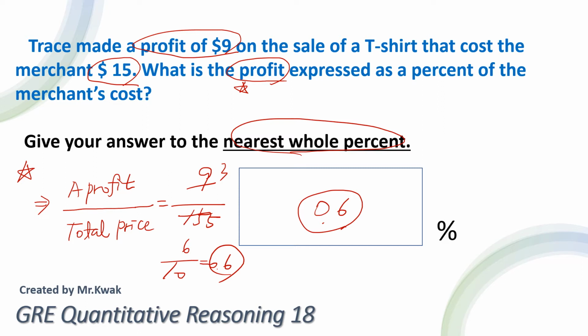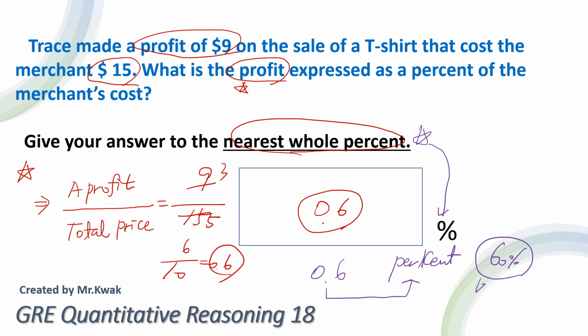No, because finally what we have to think about is the measurement, as we slightly talked about before. Right now it is 0.6, but we have to convert the measurement to a percentage. So it could be 60%, and 60% is the correct answer.